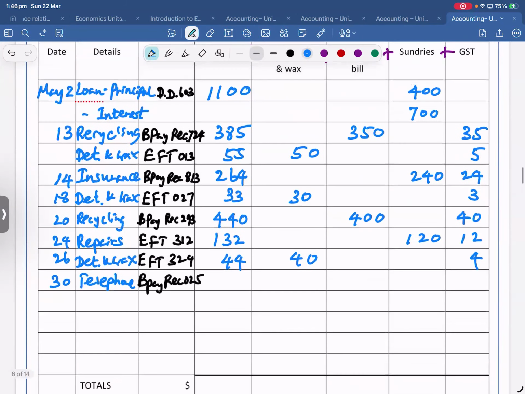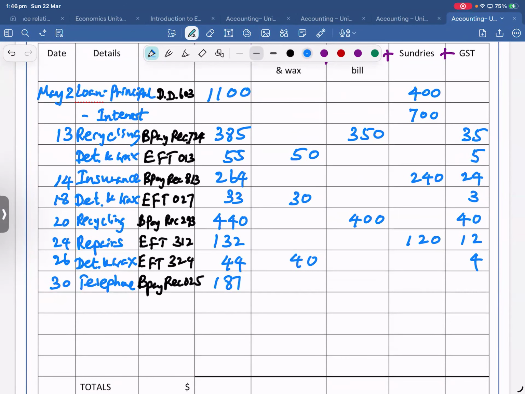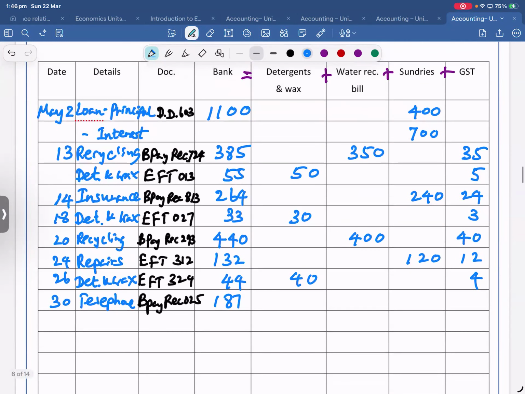So altogether how much? 187. Where do you record it? Which column? Sundries, which is 170, good, and 10% is 17.